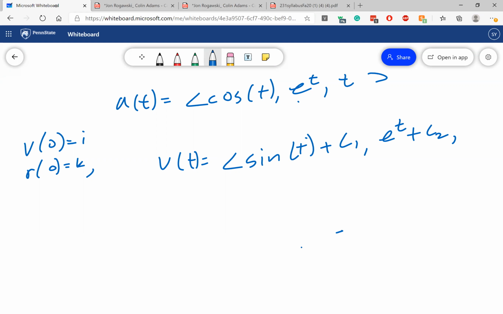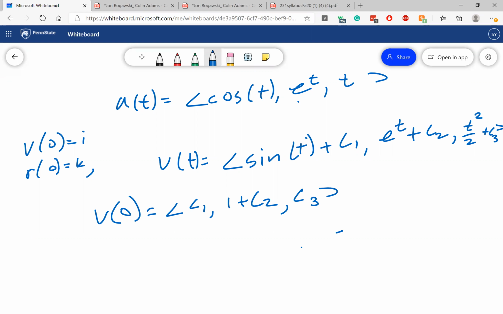And this over here is going to be t squared over 2 plus some constant C3. Now looking at v0, when we plug in a 0 over here, we're going to get C1. When we plug it in over here, we're going to get 1 plus C2. And we plug it in over here, we're going to get C3. And we know that this is equal to i, so this is equal to the vector 1, 0, 0.